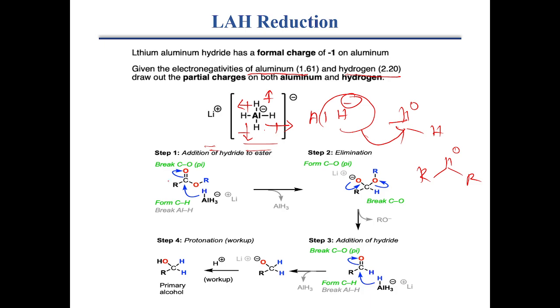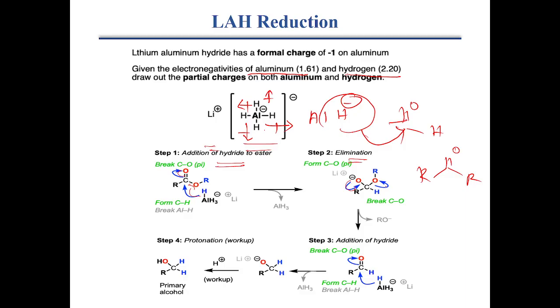If we explain the mechanism, first lithium plus AlH4 minus. Due to the electropositivity of aluminum, hydride is transferred, not aluminum directly attacking the carbonyl. So first it attacks here and O minus is formed. First is the addition of hydride to the ester, then elimination happens.